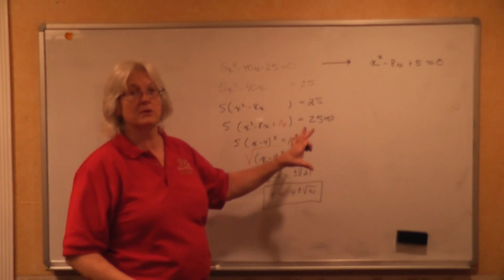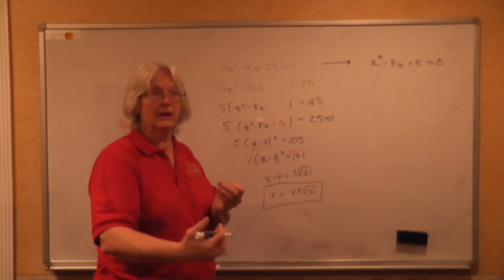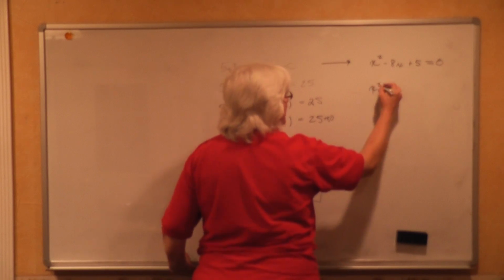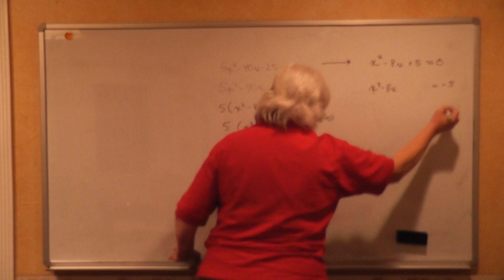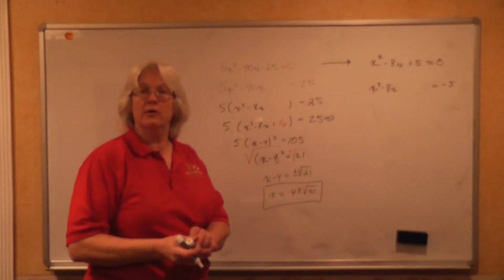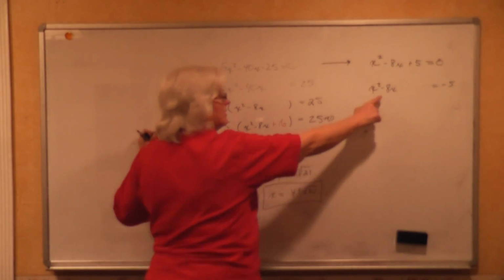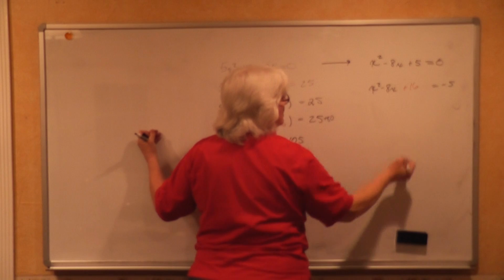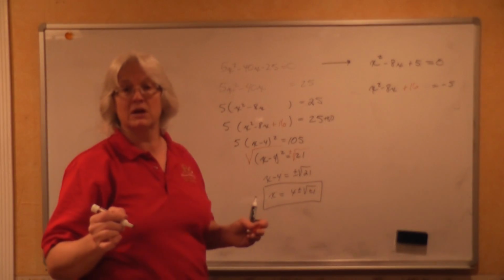Friendlier numbers, you don't have to factor out and multiply back again. You simply complete the square. x squared minus 8x is equal to a negative 5. You complete the square by taking half the absolute value of this, which would be 4, and squaring it. And you add 16 to both sides of the equation.